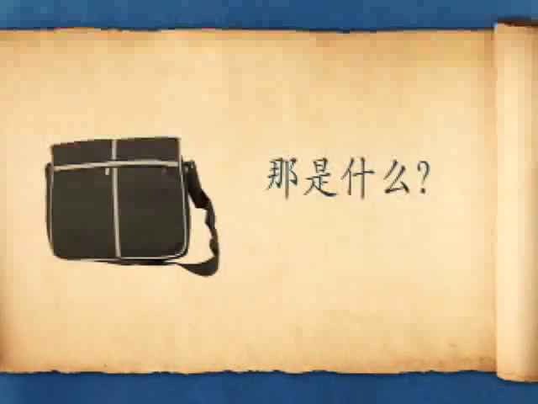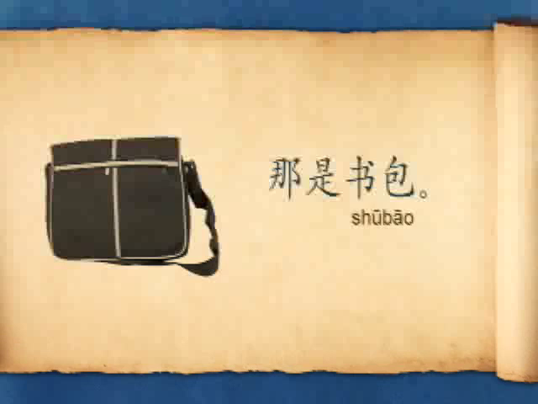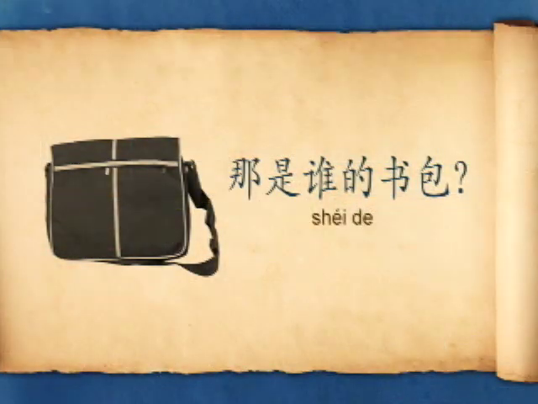Here's another item. 那是什么? 那是书包. That is a school bag. Imagine that the school bag probably belongs to the teacher in your classroom. My question is, 那是谁的书包?